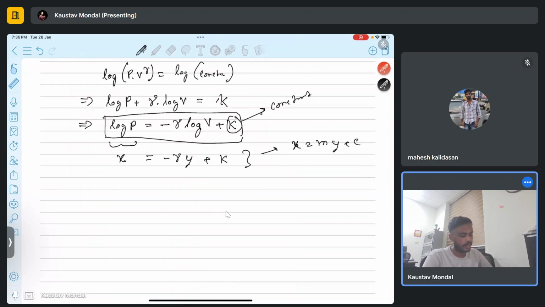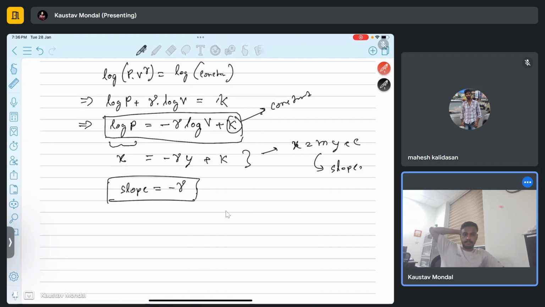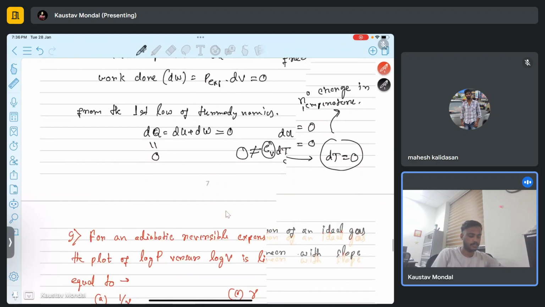Here m basically gives you the slope in this linear equation. So what is the slope here? The slope is minus gamma, right? So this is basically the equation. Let me check the answers that are given.